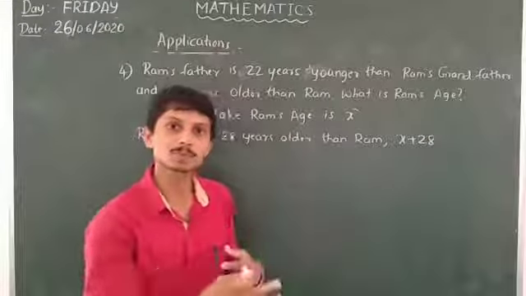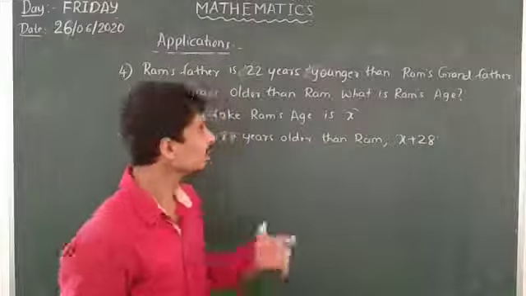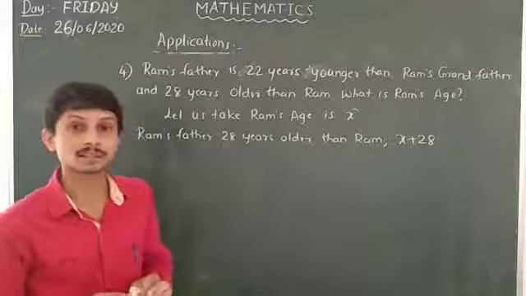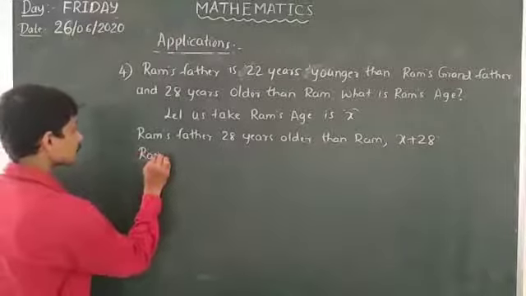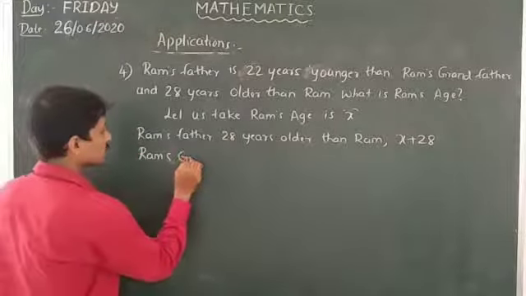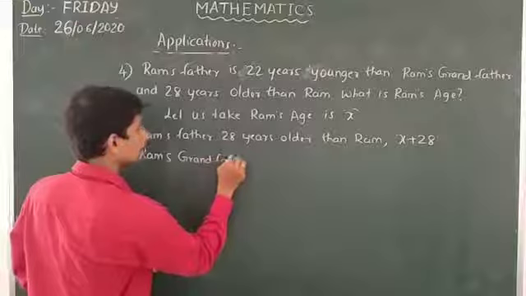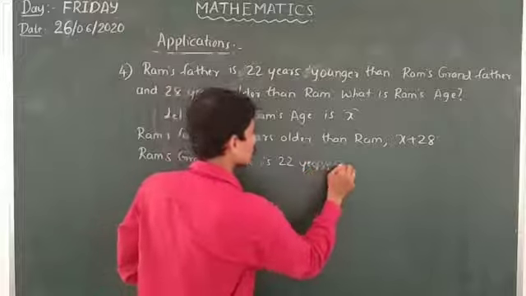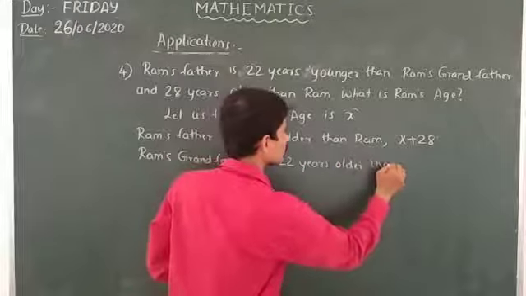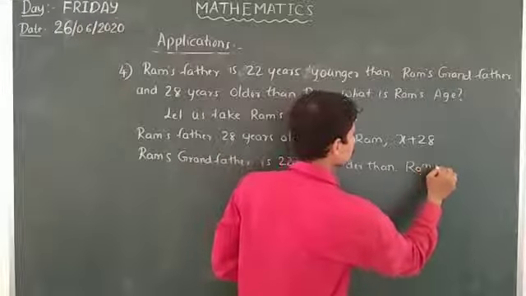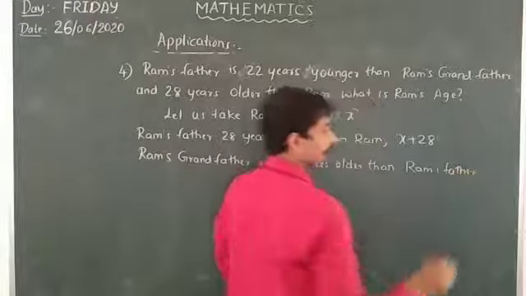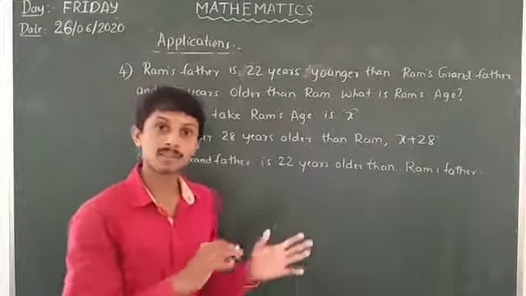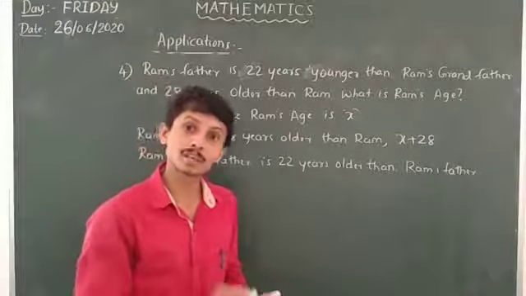Since Ram's father is 22 years younger than Ram's grandfather, Ram's grandfather is 22 years older than Ram's father.